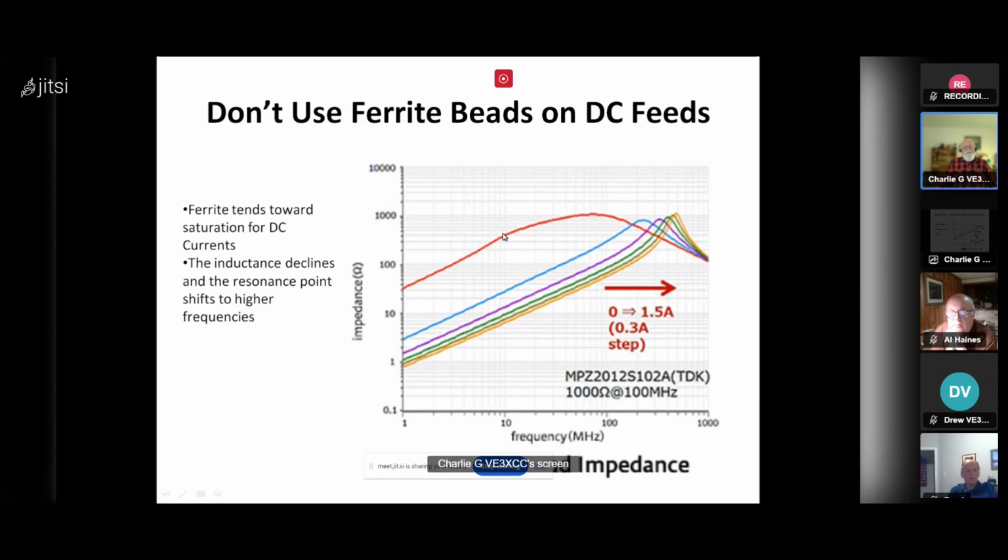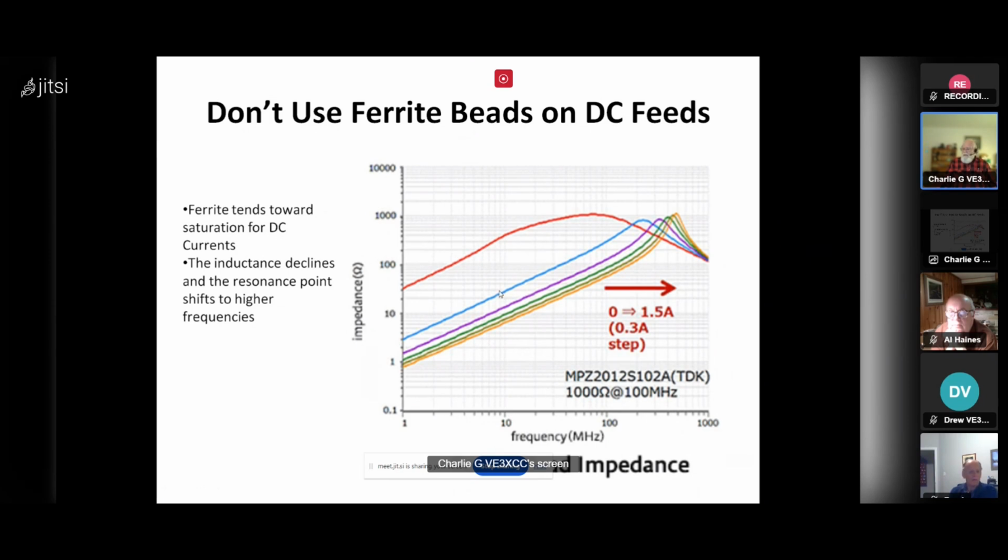Suddenly, you introduce just 0.3 amps, 300 milliamps, and the reactance goes way down into the kind of 15 to 20 ohms region with just a very small amount of DC current.